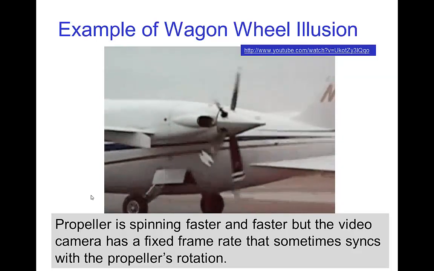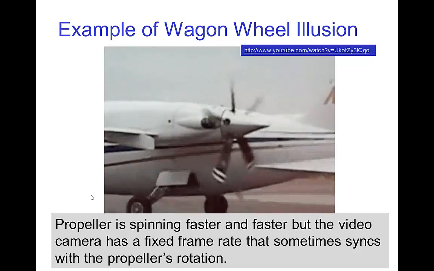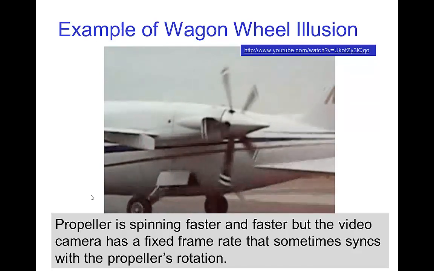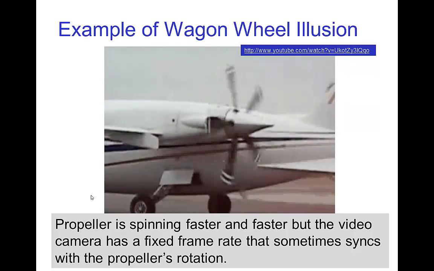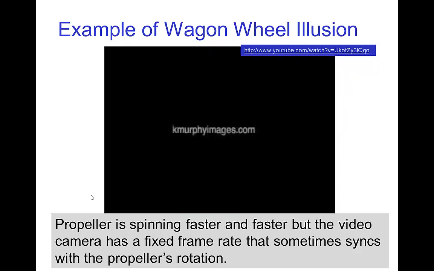But the propeller is not changing the direction that it's turning. It's always turning in the same direction, and in fact it's going faster and faster. But due to the frame rate of the camera, sometimes we're synchronized with the propeller, sometimes we're ahead, sometimes we're behind.